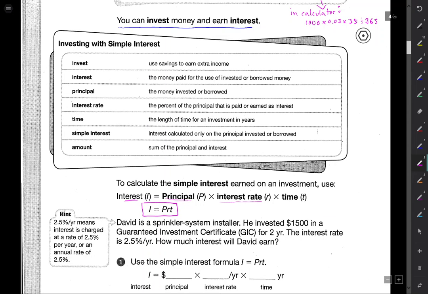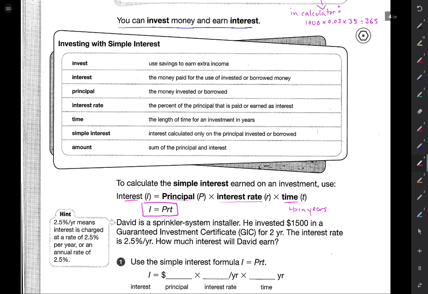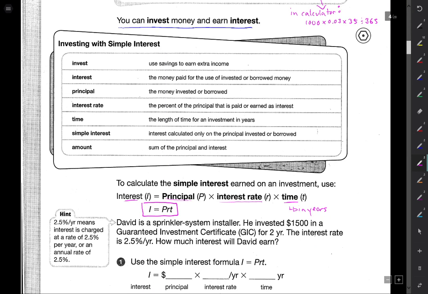So that would be R. And then times the amount of time in years that you are planning on investing. So interest is equal to the initial amount or the principal times the interest rate, and that would be percent as a decimal, and then times the time in years.